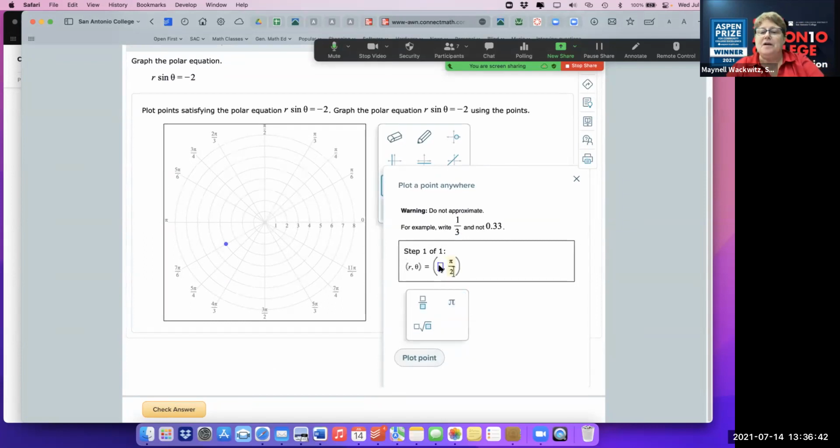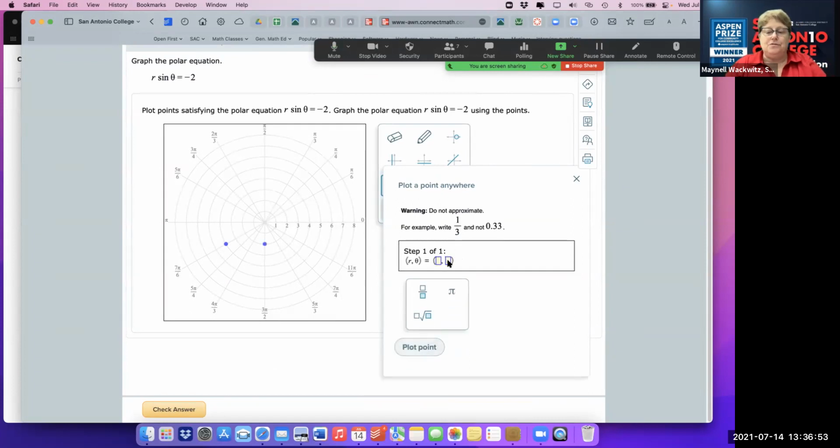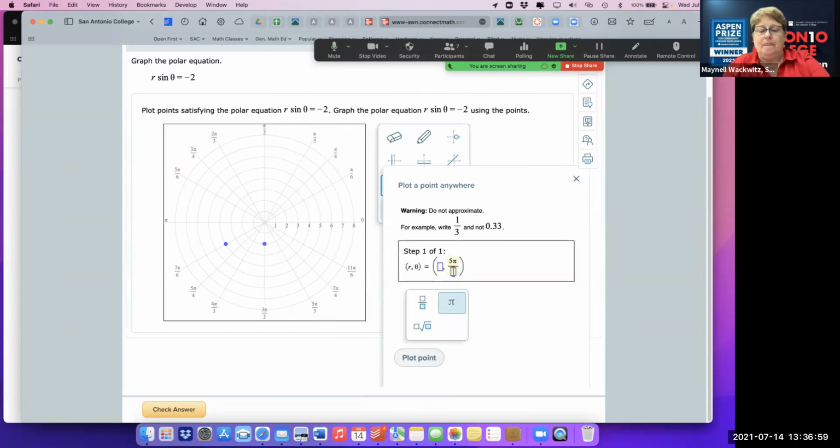What is the sine of pi over 2? And 1 times -2. Let's do 5 pi over 6, which is 1/2. So I'm going to get -4 again.